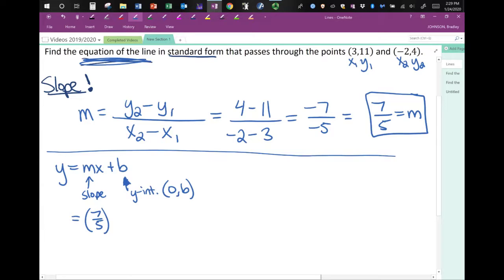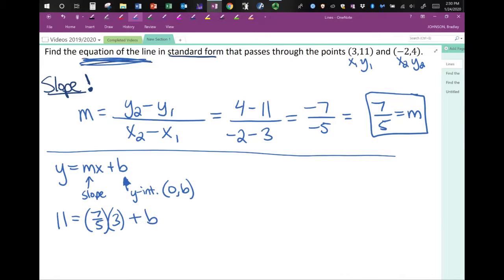Now notice there's an x and a y. The x and y relate to our points, and we have 2 points. It does not matter which point you pick. Now I'm going to pick the nicer point with just positive values, so a positive 3 and a positive 11. But keep in mind, you could pick the other point and you will get the same answer, because with a line, they're going to be crossing through these 2 points directly, linearly together.